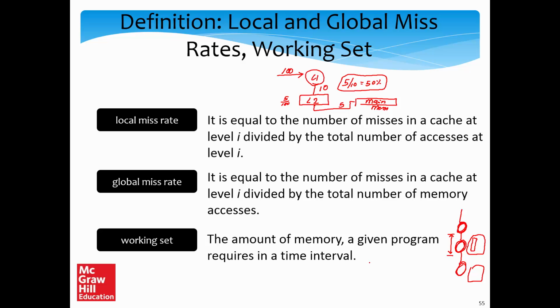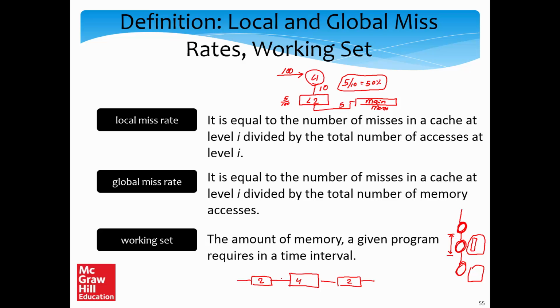For example, let's assume that a given program typically accesses 1 or 2 megabytes of data and does not access more than that. We can say that the working set is 2 megabytes. Let's assume that another program accesses 2 megabytes for some period of time, then in another period it accesses 4 megabytes, meaning it has loops that scan through that entire 4 megabytes of data, and then again it accesses 2.